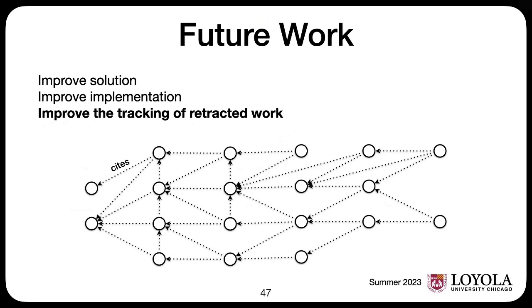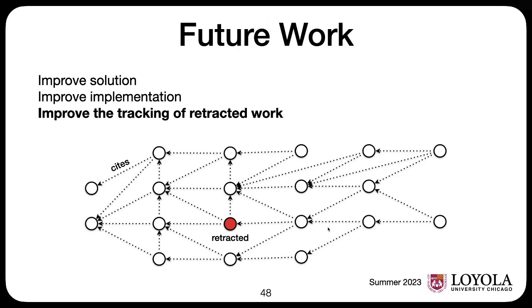Also, I have some criticism on how we are retracting papers right now. The investigation is really good, and it takes quite some time, and I understand why it takes a long time. But once a paper is retracted, let's say you have all these papers that are citing each other, and this paper was retracted, it just stays like this.